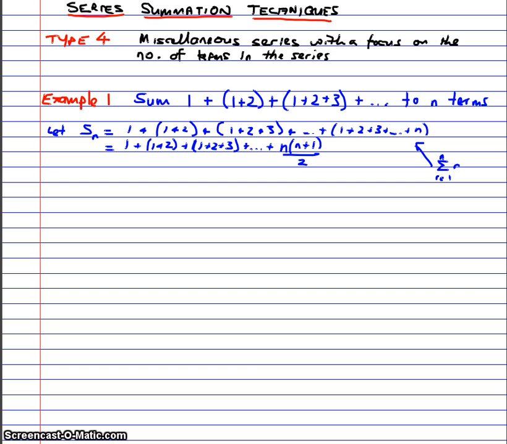That's the definition of our rth term. Okay, the rth term is defined by n times n plus 1 over 2, which means that our sum to n terms is sigma from r equals 1 to n of n times n plus 1 over 2.